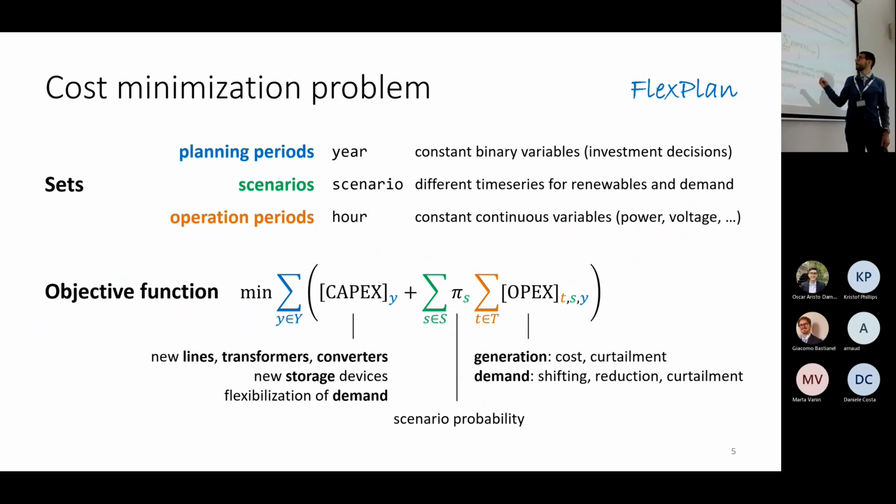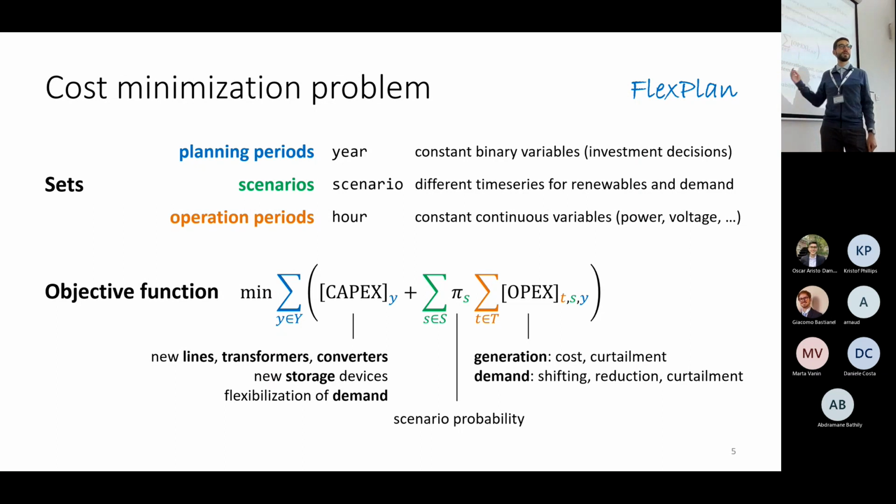Uncertainty is only considered for the operation cost because the underlying idea is that an investment decision should not depend on climate, on weather, because the system must be feasible with every weather condition, every possible realization of a stochastic time series.